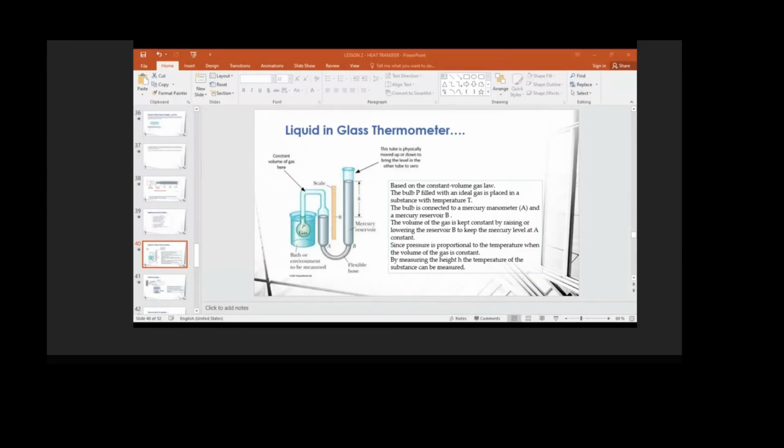Right? So your liquid volume will change in the tube, and hence the difference in the height will be used to find the temperature change that occurred. So this is solely dependent on the pressure that the gas will exert onto the liquid to change the height.